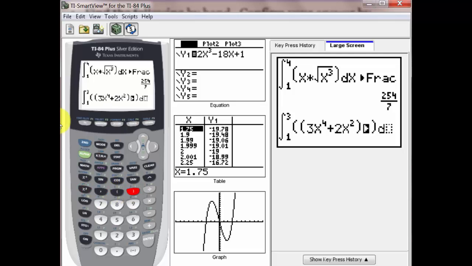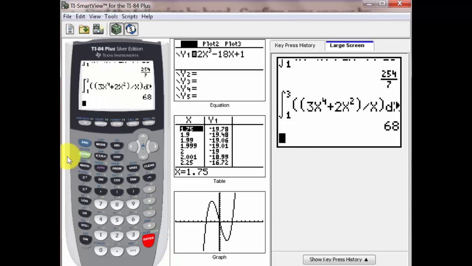That was all in the numerator. So I put that all in parentheses, divided by, and then type in what was in the denominator, which was x. Now, you have to tell it the variable dx. Press enter, and we should get 68, which we do.